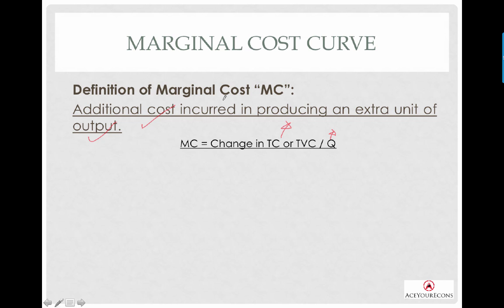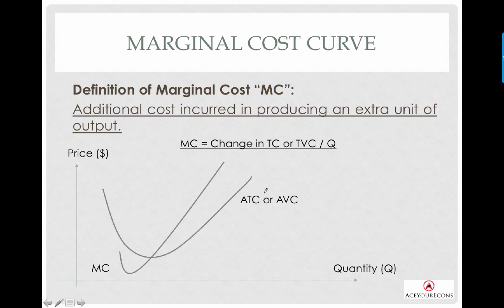And you guys are actually quite lucky, in the sense that in your A-level syllabus, you do not need to calculate what MC is. There's no calculation involved, and all I need you to know is that your MC is a Nike tick. Let me repeat again: your MC is a Nike tick.